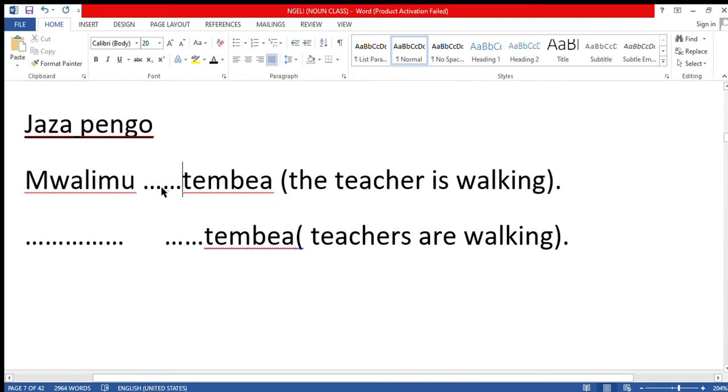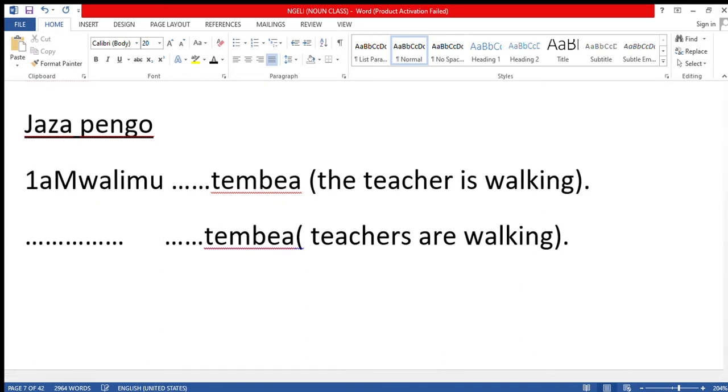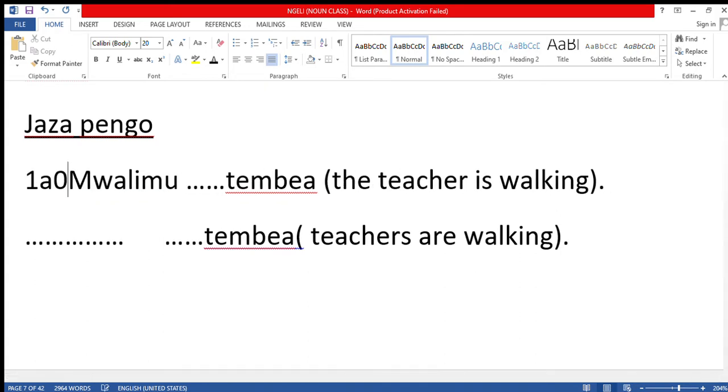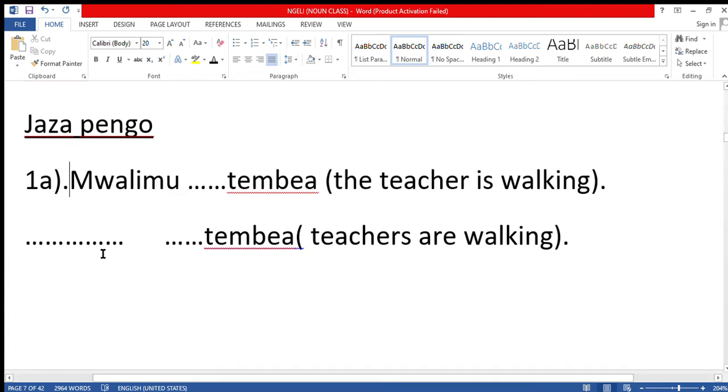Mwalimu, then which do we write here? Kinatembea, and just complete this part. Tembea is a verb which means walk. Tembea, walk. Then here it is a plural form. You write what is mwalimu in plural form. Okay, then right there.